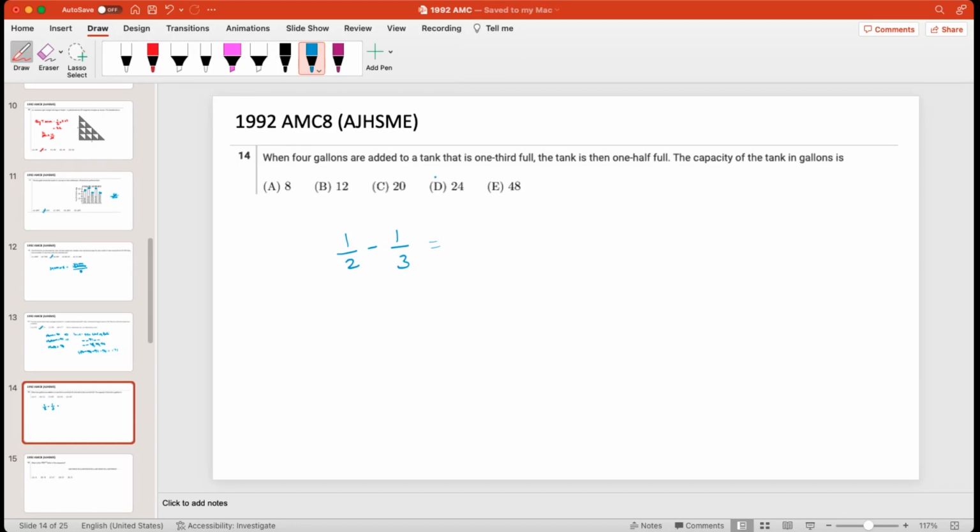One half minus one third is equal to 4. So this is going to be 6, and this is going to be 3 minus 2. So 1 by 6 is equal to 4. Therefore, full tank will be 6 into 4 is equal to 24 gallons. Answer option D.